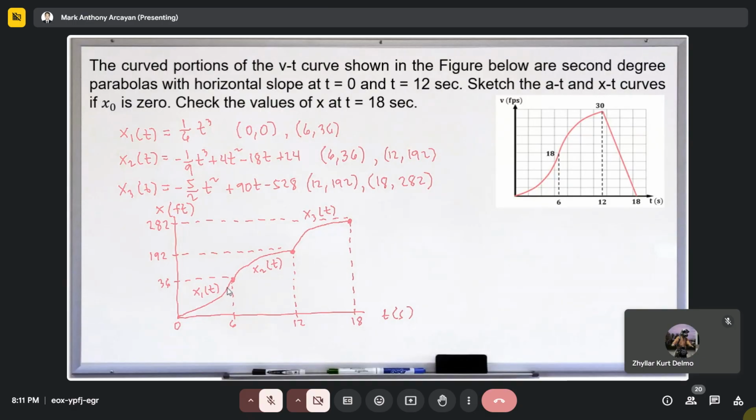In our XT, we're only concerned with the behavior of the curve from 6 to 12. Sakto. Okay na? Oh, sakto na, sir.